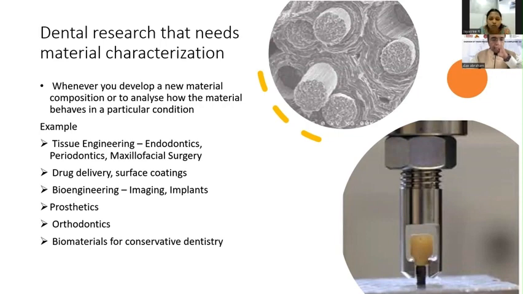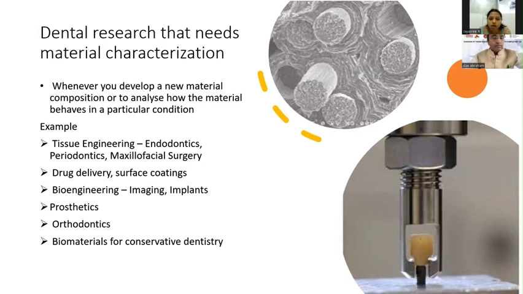If you are going to do a drug delivery study, of course you will be using UV spectroscopy. If you are going to do a surface coating study, you may be using scanning electron microscopy to find out how the surface coating has got deposited, what the morphology of the surface coating is, and what the thickness of the surface coating is. For these kinds of morphological analysis, you may be asked to use scanning electron microscopy.